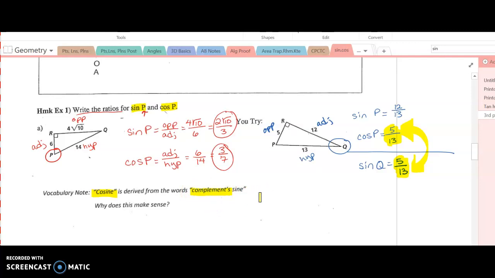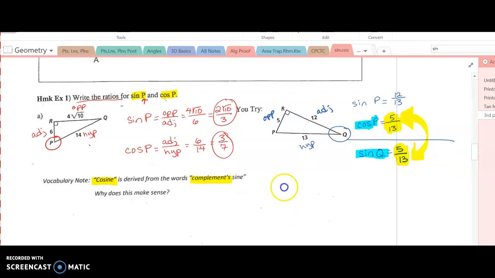They add up to 90. And so if you find the sine of Q, it's the same as the cosine of the complement, the complement being P. So that's where the word cosine comes from.